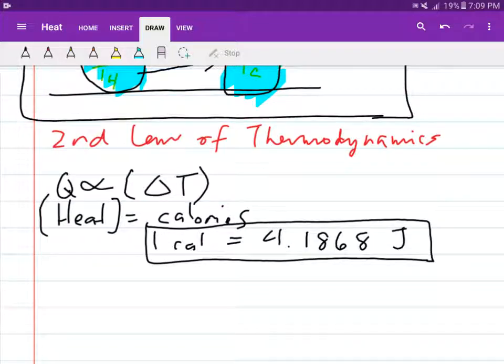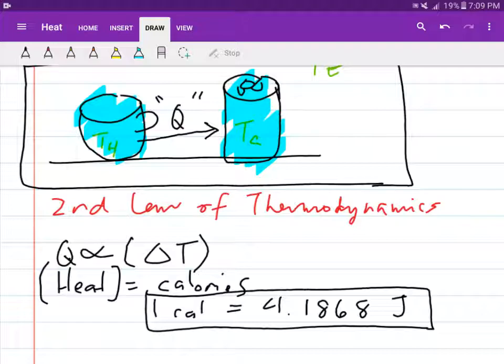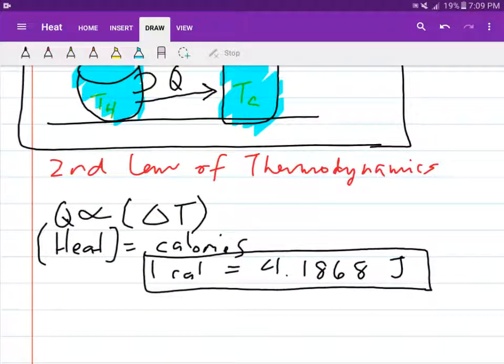So heat is in units of energy, but it's not the actual internal energy of the objects. This is only a way of quantifying the transferred energy.